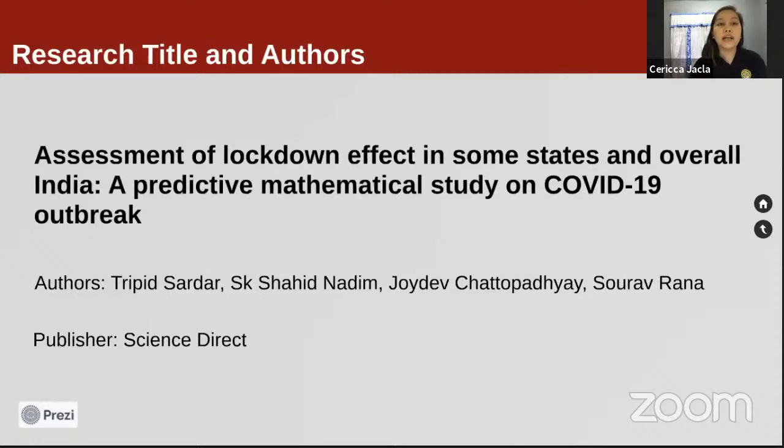Our authors are Tripti Sardar, who is part of the Department of Mathematics in Dinabandhu Andrews College, and S.K. Shahid Nadim and Joydev Chattopadhyay, both part of the Agricultural and Ecological Research Unit in Indian Statistical Institute, and of course Sourav Rana, who is under the Department of Statistics in Visva Bharati University, all in India. Now, this research paper is published in Science Direct. If you want to look at it more, you can access it for free using your UP mail.